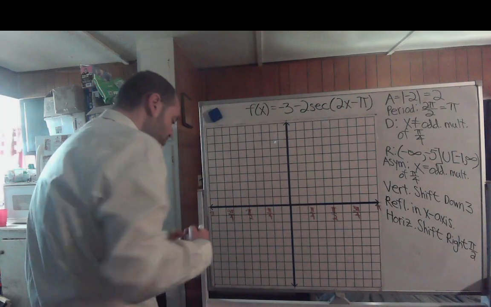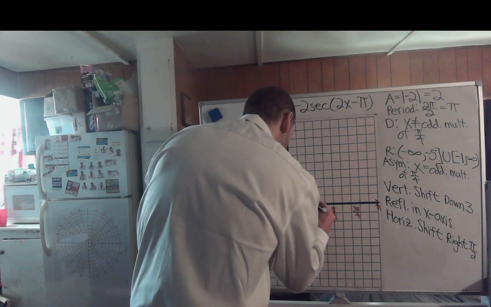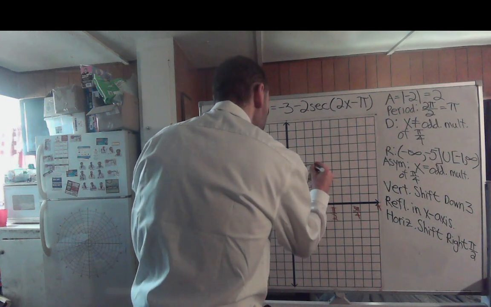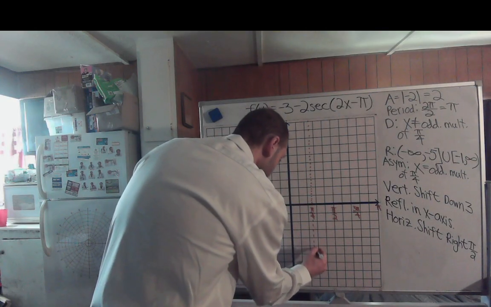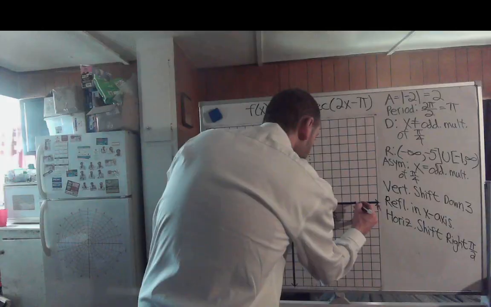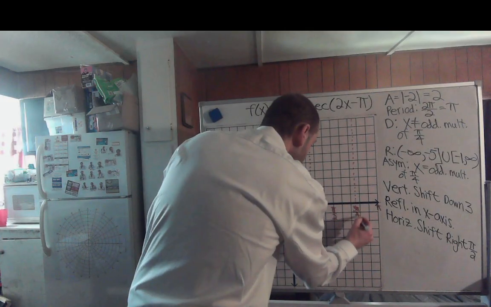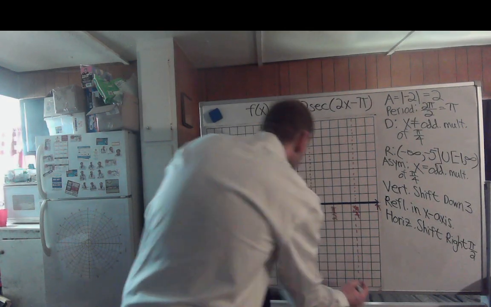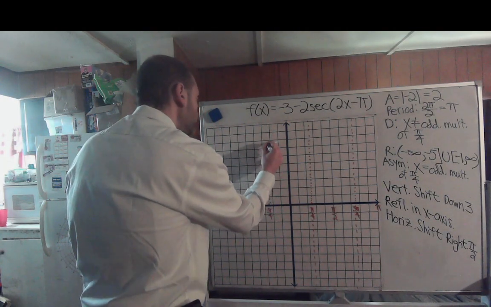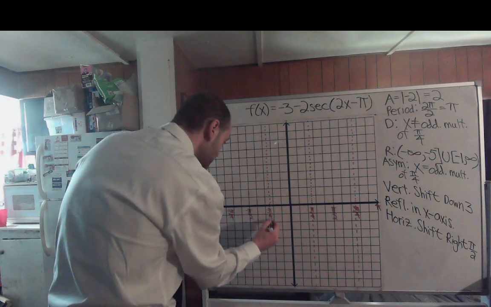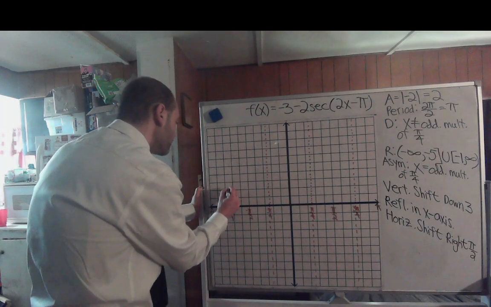Alright, so let's draw our asymptotes here. Definitely pi over 4. Definitely 3 pi over 4. Negative pi over 4. And then negative 3 pi over 4.